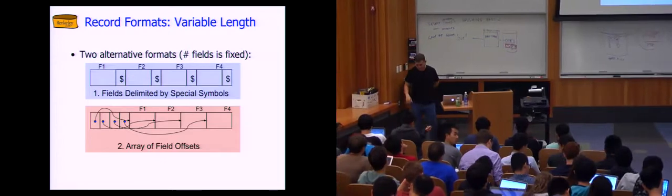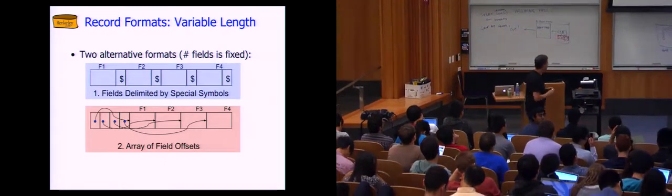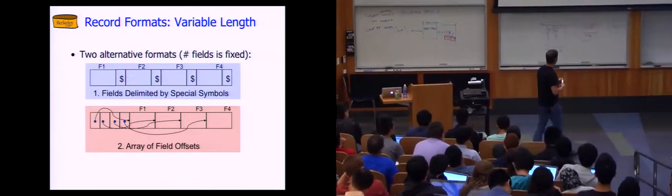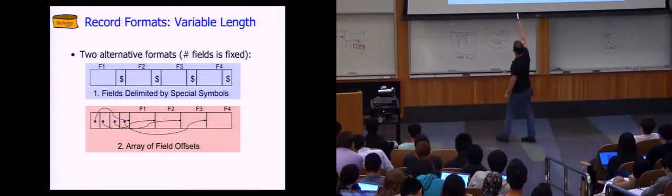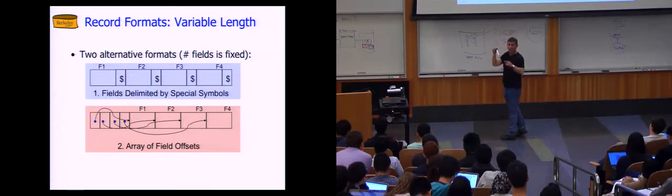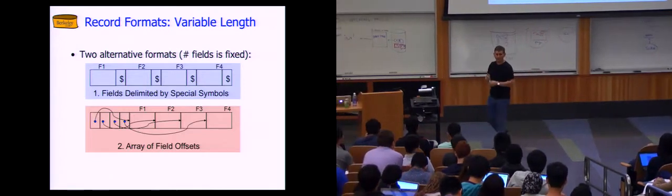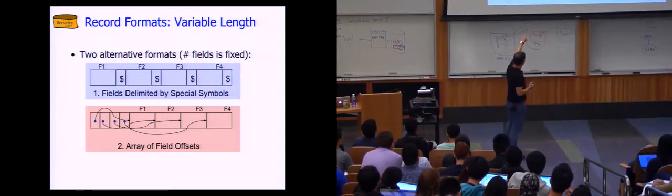Well, you'd have to know before you went and got it. If you're looking at F1, you know where the beginning of F1 is, and you know the beginning of F2 is. You keep both of those in mind as you go get F1. For F4, there's probably a missing thing, which is an end of record pointer.